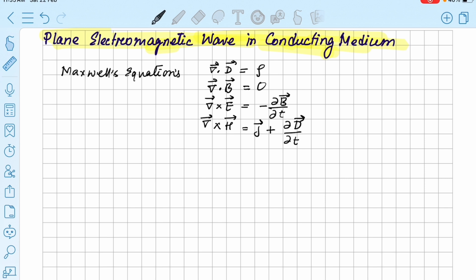So these are the Maxwell equations we know. Let me take this as equation number 1, suppose.